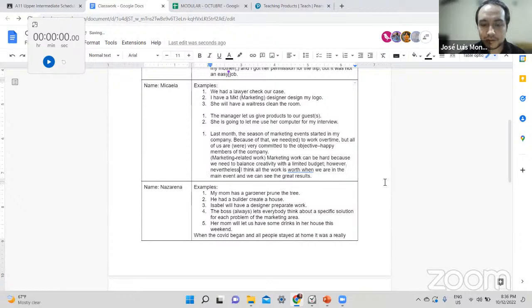Okay, that's another alternative that you have, and all of them with commas. Again, only if you feel that it's too weak. Sometimes but can be too weak for a big change. So you have that option: comma, but, or semicolon, however, semicolon, nevertheless.